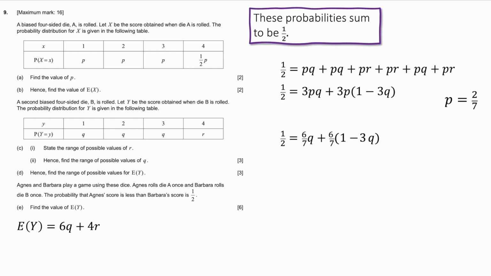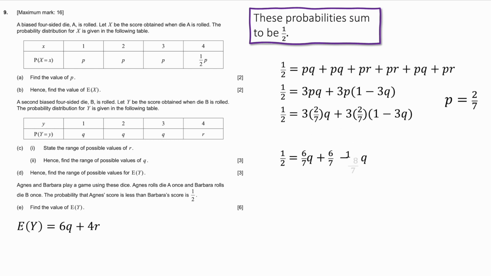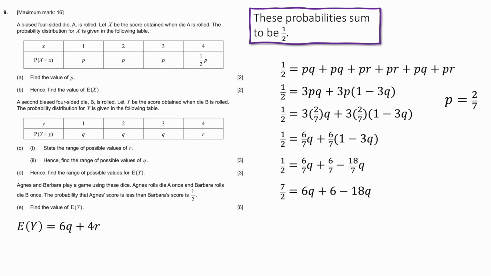We're going to slowly start simplifying this. 3 times 2 is 6, 3 times 2 is 6, so we simplify that fraction. And we expand that bracket. 6/7 times 1 is 6/7. 6 times minus 3q is minus 18q. We get rid of divide by 7 by multiplying by 7. That's really nice.